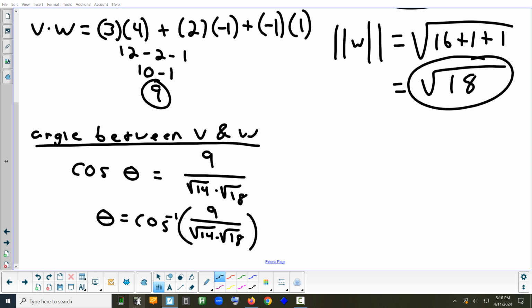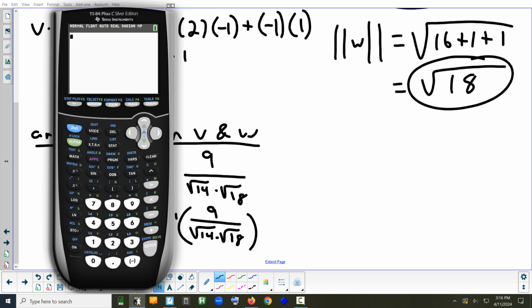Okay, so we need the inverse cosine of 9 divided by the square root of 14 times the square root of 18. You type it in just like that, then hit enter. Let's make sure we're in degrees. That gives us an angle of 55.46 degrees.